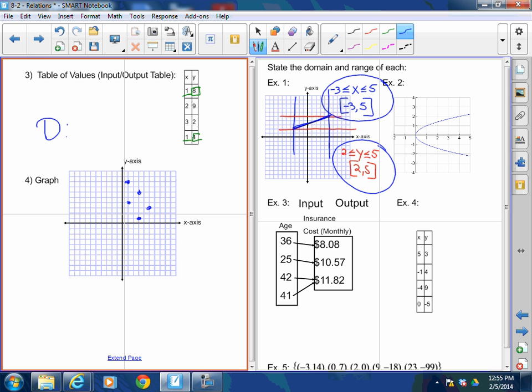The domain. The only x values that are valid here are 1, 2, 3, and 5.